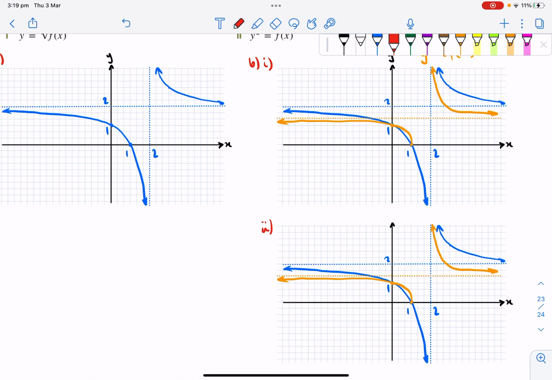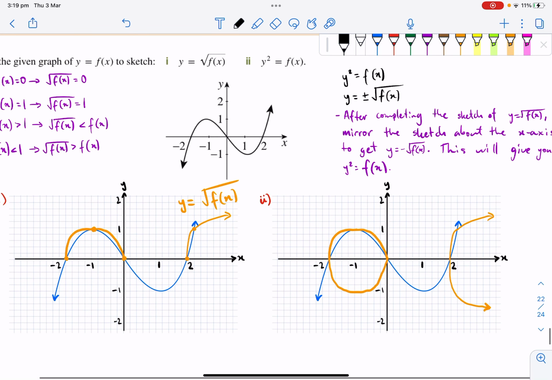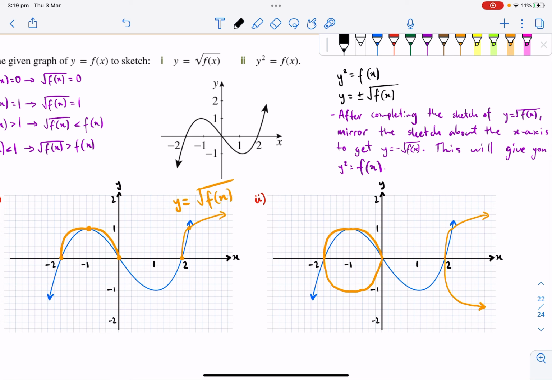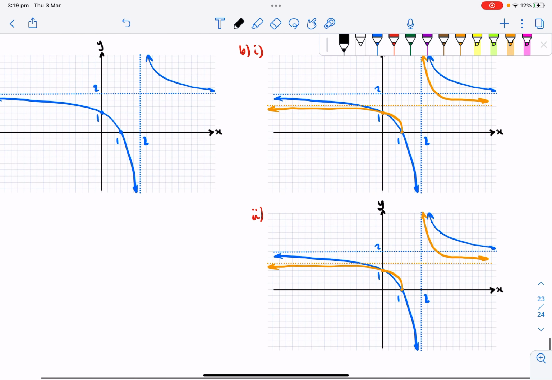So right there, everything above the x-axis, that's the square root of f(x). And following as per the instructions earlier, after completing the sketch of y equals square root of f(x), mirror the sketch about the x-axis to get y equals negative square root of f(x). This will give you y squared equals f(x). So all I have to do now is sketch the bottom half exactly in the shape of the top half.